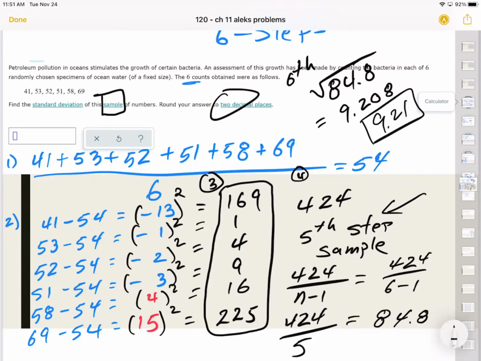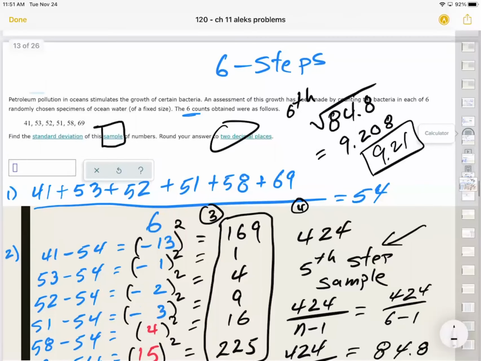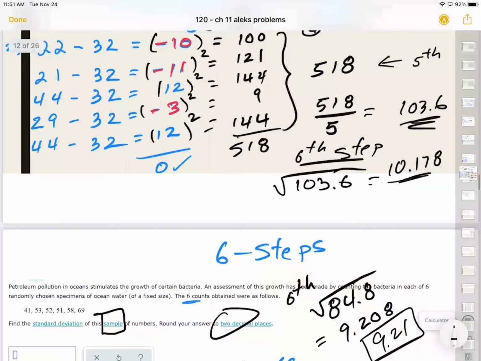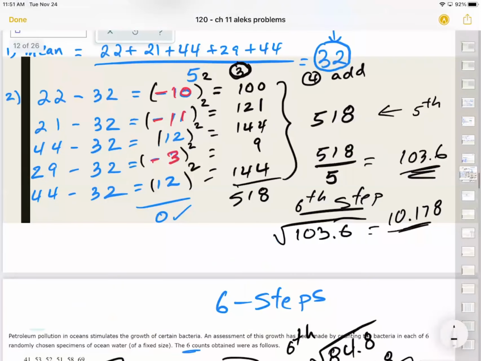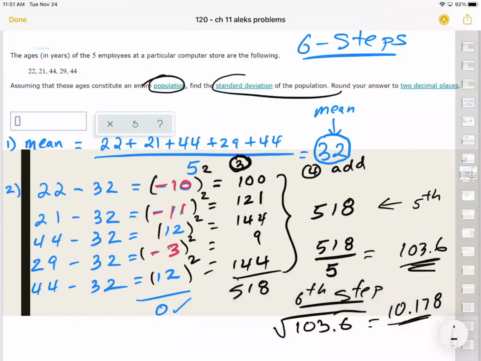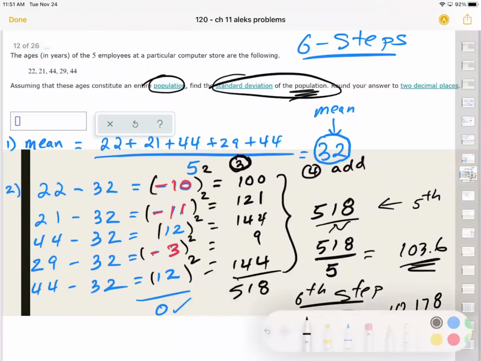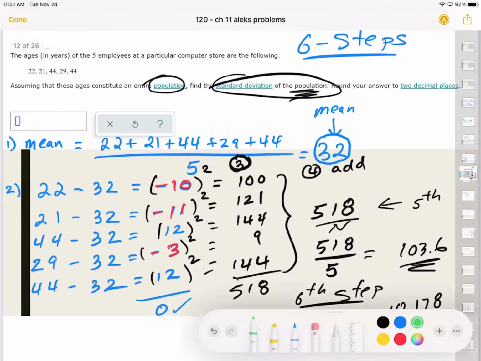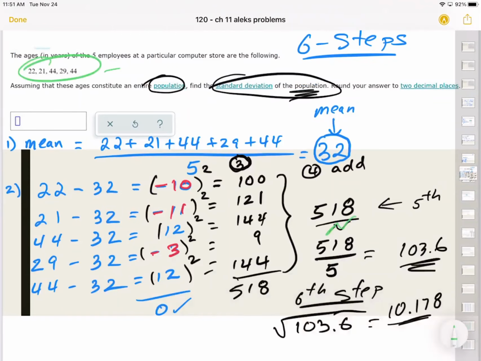So again, that's the idea, and this is the main idea that I want to point out up here for population. For population, we still have a 6th step. The 6th step is the same. The only difference is now if they ask you for the population at this location, you divide it by n. You divide this number by n, meaning the total number we have, the n here is equal to 5. So that's why I divide by 5.